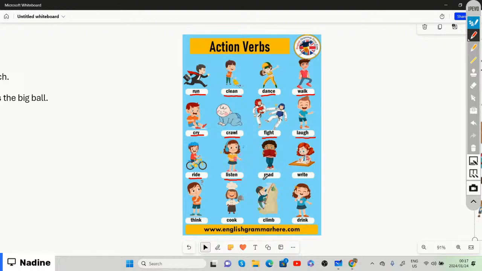To read a book, magazine, newspaper, that is also an action that you're doing. Writing, whether it is writing in your notes, homework, writing a letter to a friend, it's an action that you're doing.